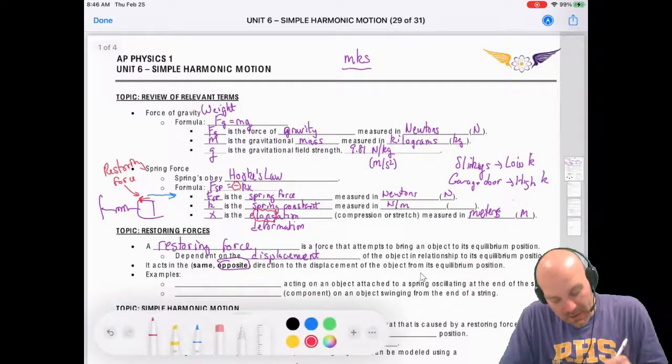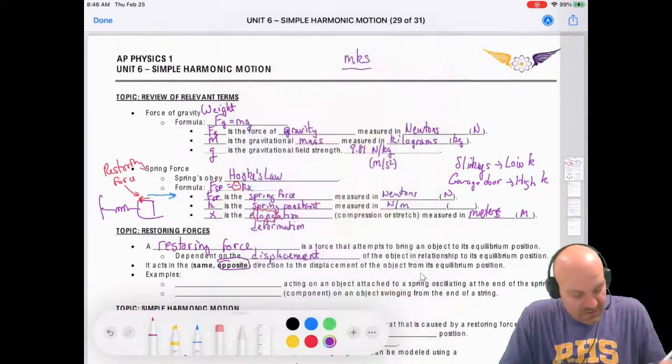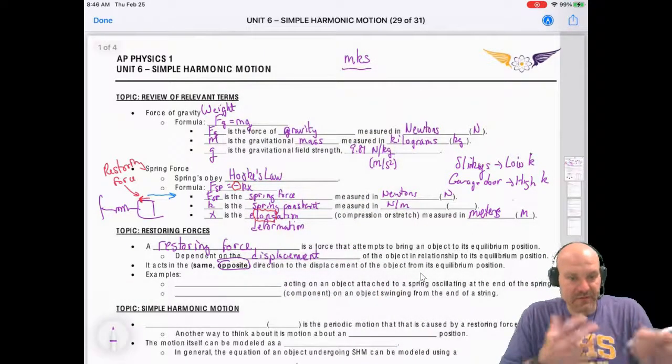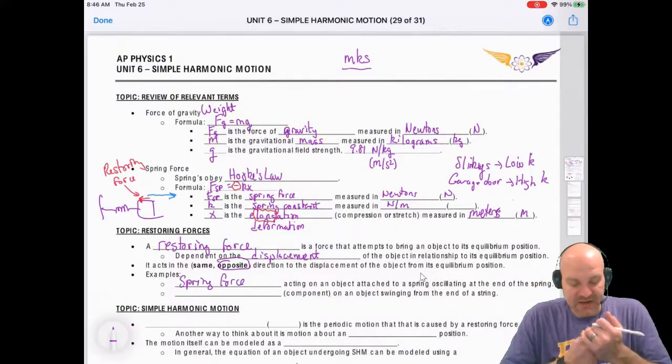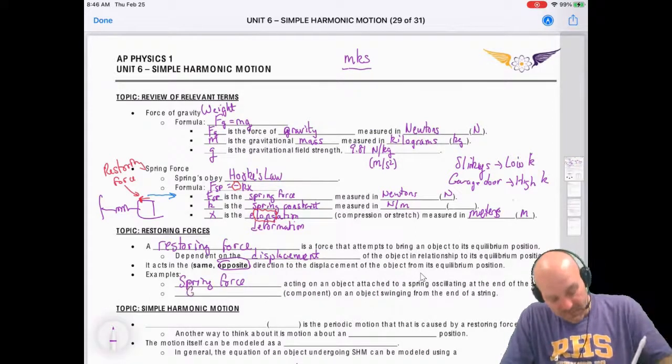Okay. And so the last thing, the two examples of restoring forces that we're really going to focus on. One is the spring force, right? The spring force acting on an object attached to a spring, oscillating back and forth. And the other would be when we talk about pendulums, and that's going to be gravity.